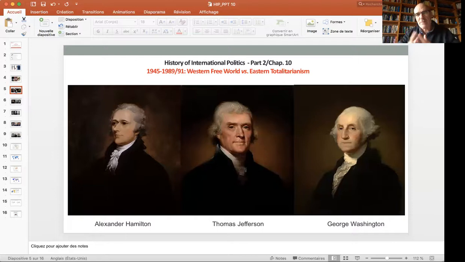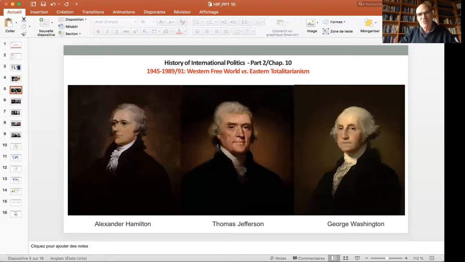So a debate among American founding fathers, and the compromise between the two visions was found by America's first president, George Washington. He found a compromise which he announced in his famous farewell address. In this address, what did he say?